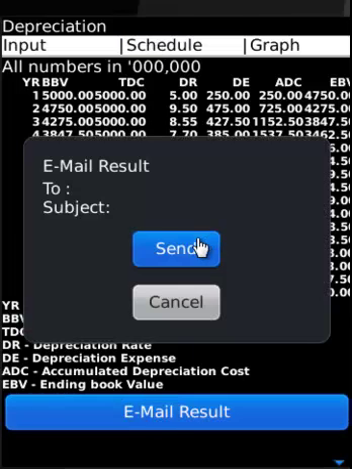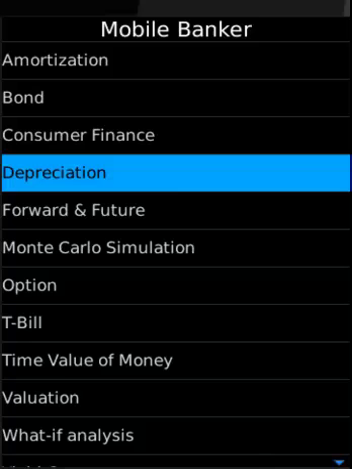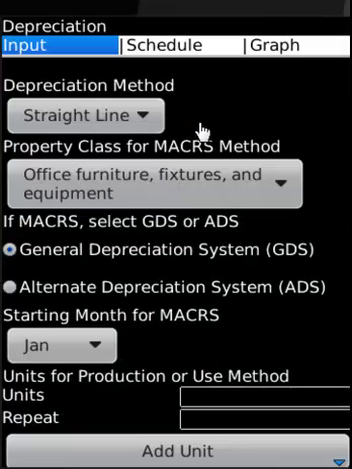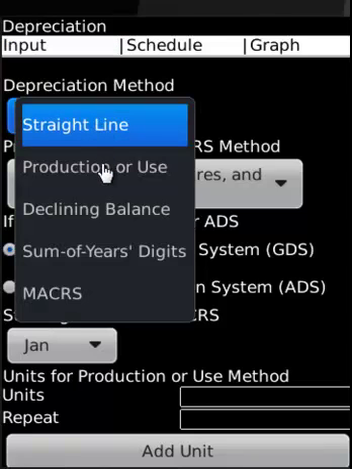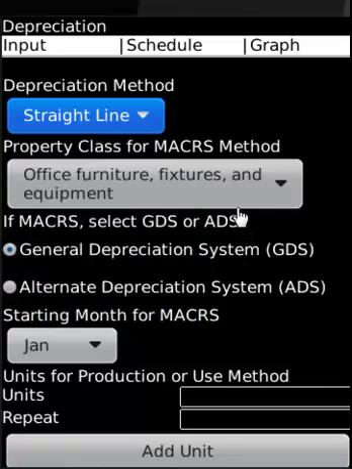If you want to email the result, again you supply the to and the subject, then you can send. Okay, with this we covered depreciation functionalities: straight line, production use, declining balance, sum of the years digits, and MACRS. For MACRS you have to select the property class, ADS or GDS, and that's how we do it. Thank you very much.